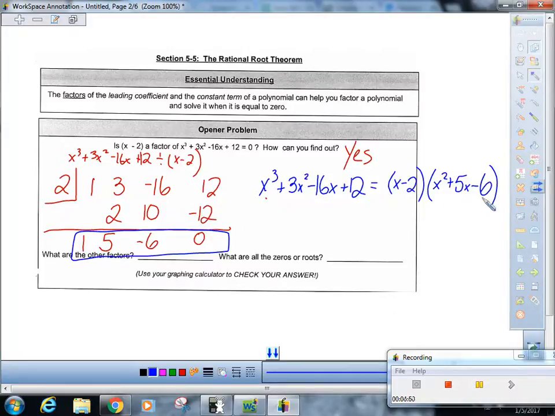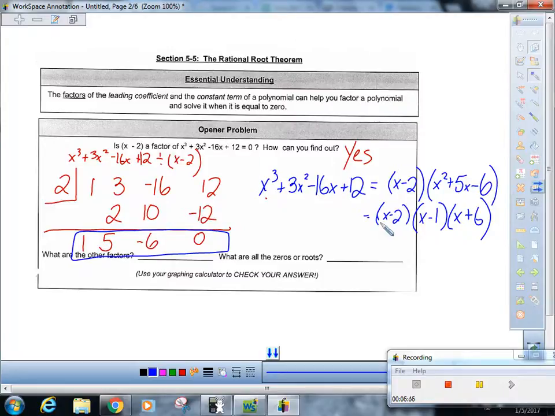Does anybody think that they can factor this thing? Paula? Okay, so we're looking for two numbers that multiply to be -6 and add to be +5. And Paula found those to be x minus 1 and x plus 6. So what did we just do? We factored this entire, let's see, what do they call that? Cubic.